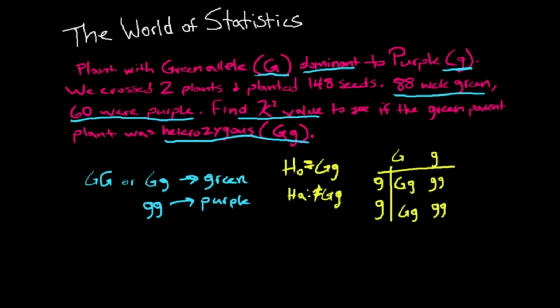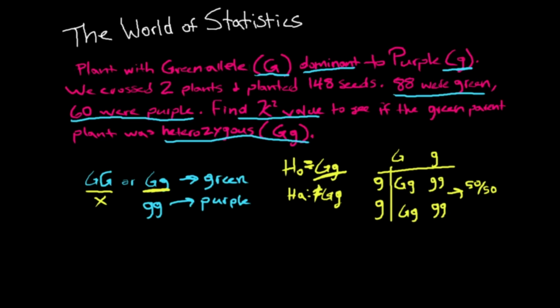From this table, we can expect a 50-50 split. This is what we're expecting because we're testing to see if the parent was heterozygous, right? That's where this upper and lowercase g comes from, meaning that it's not a double dominant. So this is a no-go. This is what we're looking for.